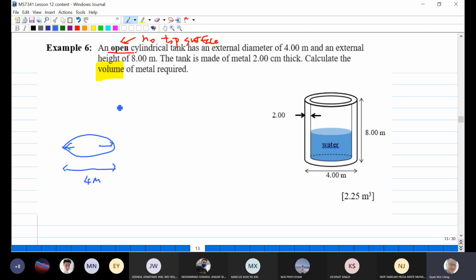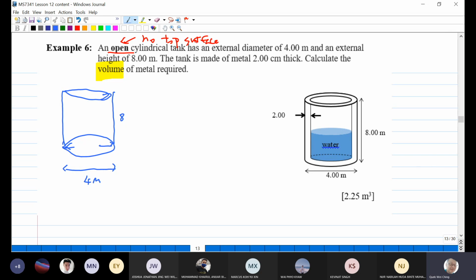The height is 8 meter here. So draw it here, which will show you the picture. So this 8 here. Okay, external diameter 4 and external height is 8 here.